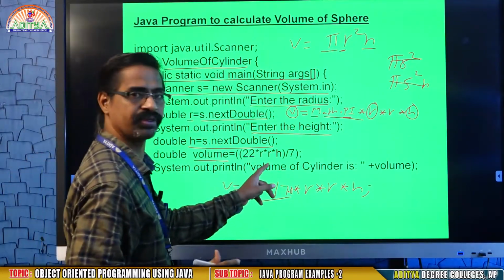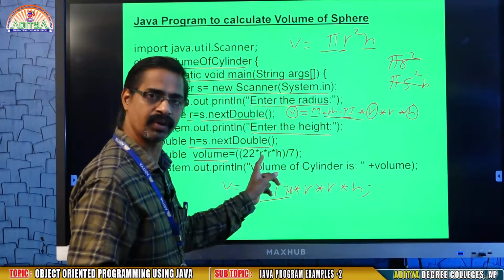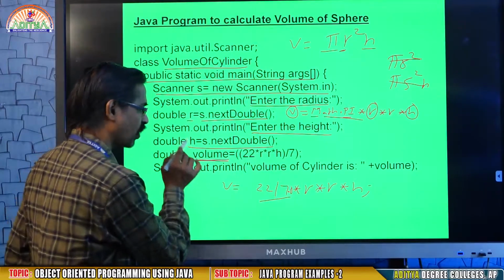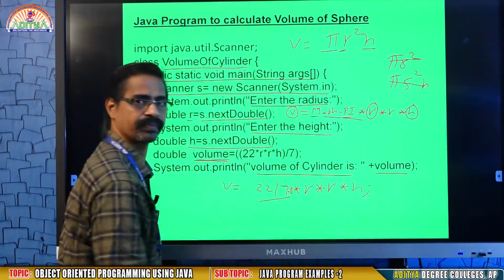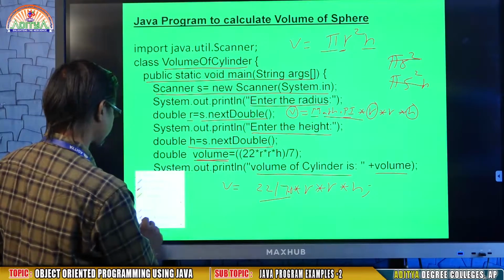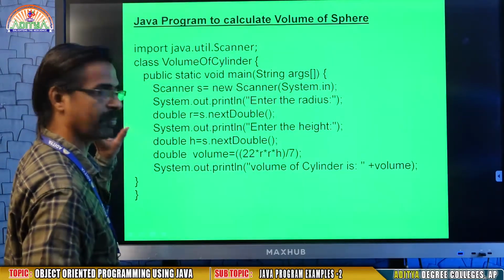Integer into double is double. Double into r again double, double into h double. Double by integer is double. So you get the answer, volume. Now I am printing volume of cylinder is volume. This is the following example.